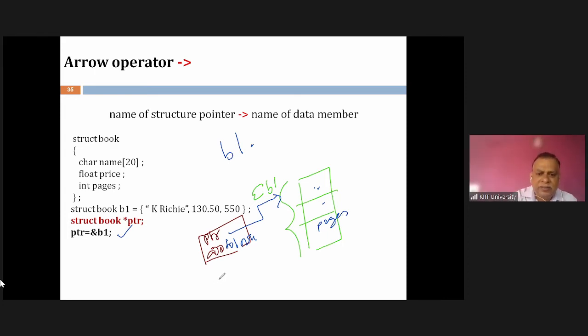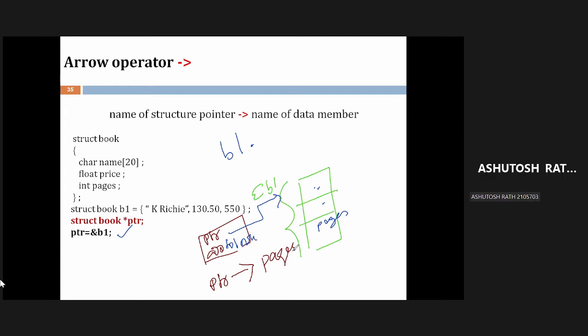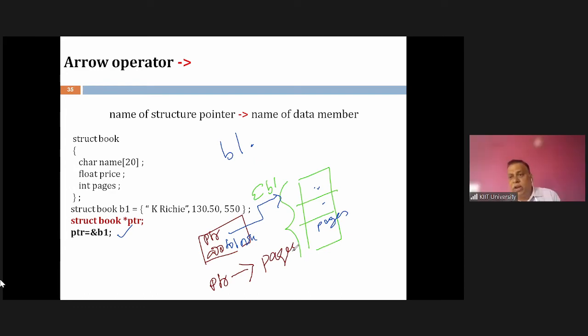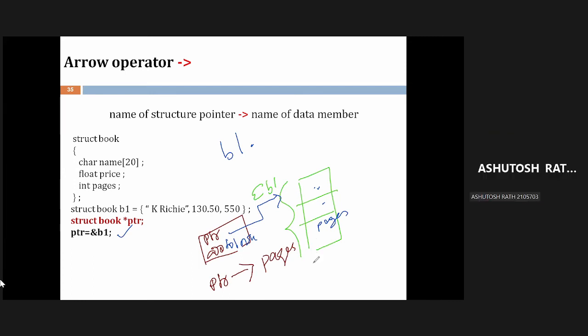By writing PTR, in between I'll place an arrow, then pages. So if I want to access the data member using the name of the structure variable B1, I'll write the dot operator. If I use a pointer variable to the structure, I can access it using the arrow operator. Understood it? Yes or no?